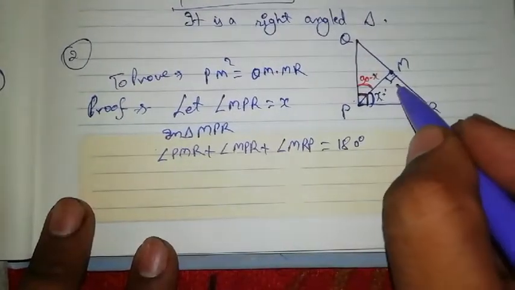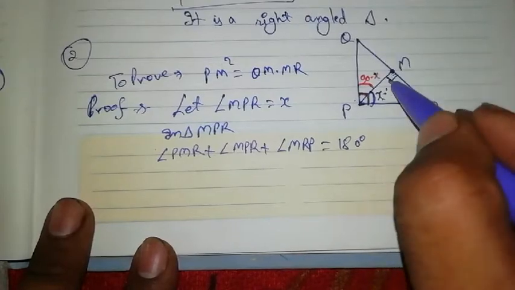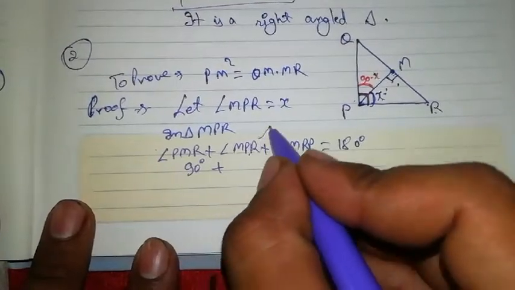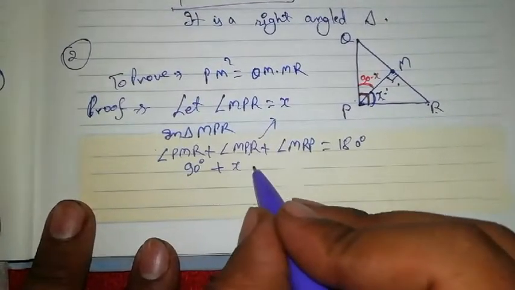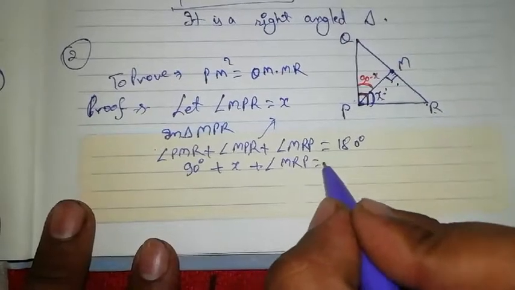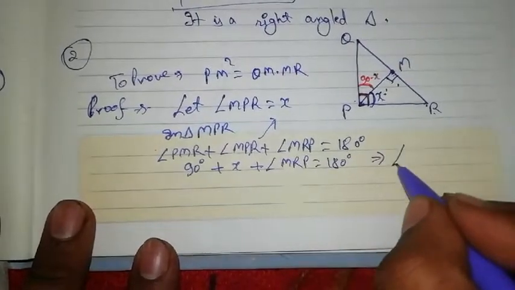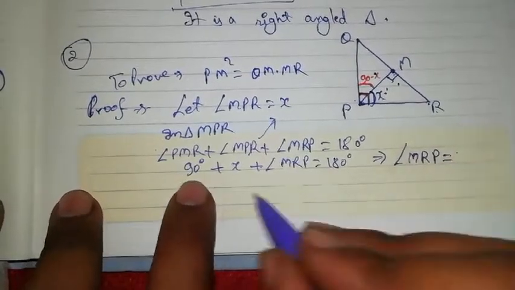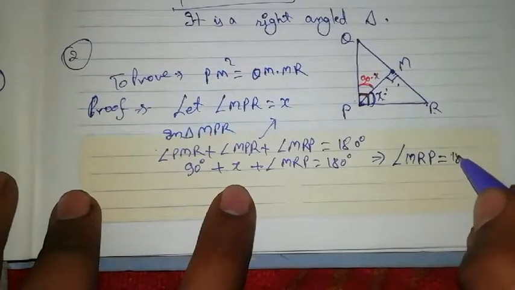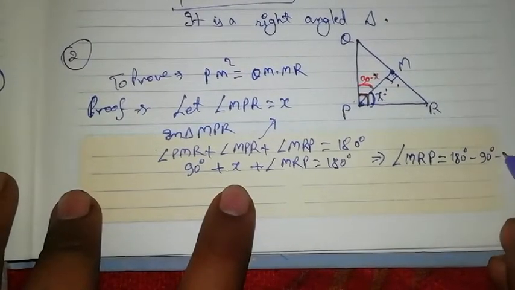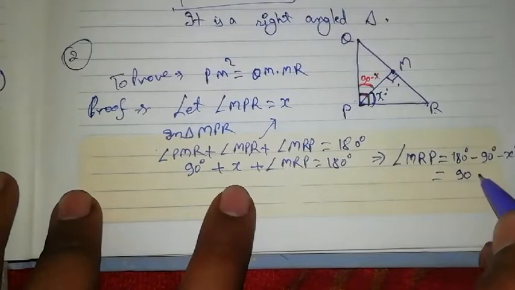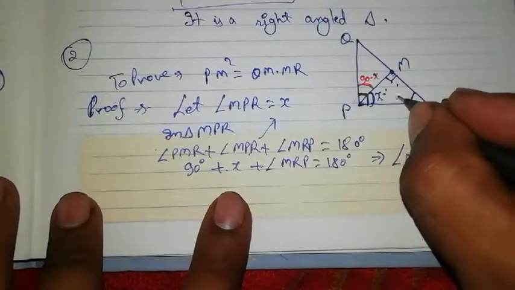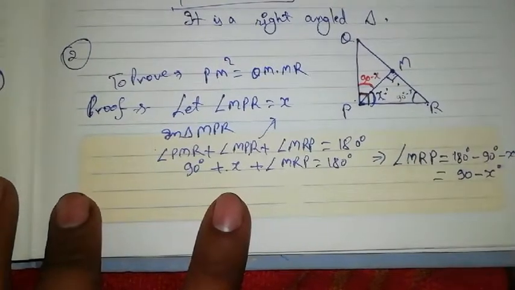Now angle PMR is 90 degrees, since it is given that PM is perpendicular to QR. Plus angle MPR, which we let be X, plus angle MRP is 180 degrees. So angle MRP is equal to 180 degrees minus 90 degrees minus X degrees. So the value of angle MRP is 90 minus X.